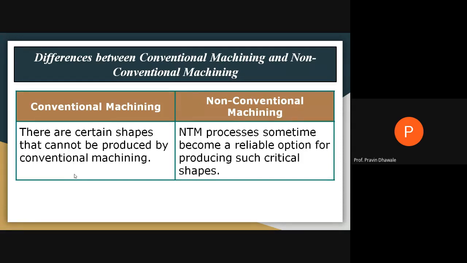The hole diameter is in microns. It is not possible by using a conventional drilling machine. So this is the slide differentiating the point related with complicated shape, which is feasible by conventional or non-conventional machines. Read this point and write it.